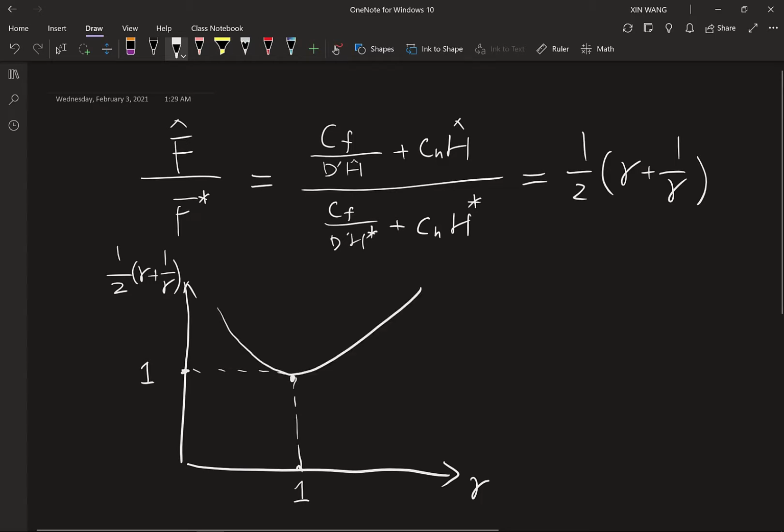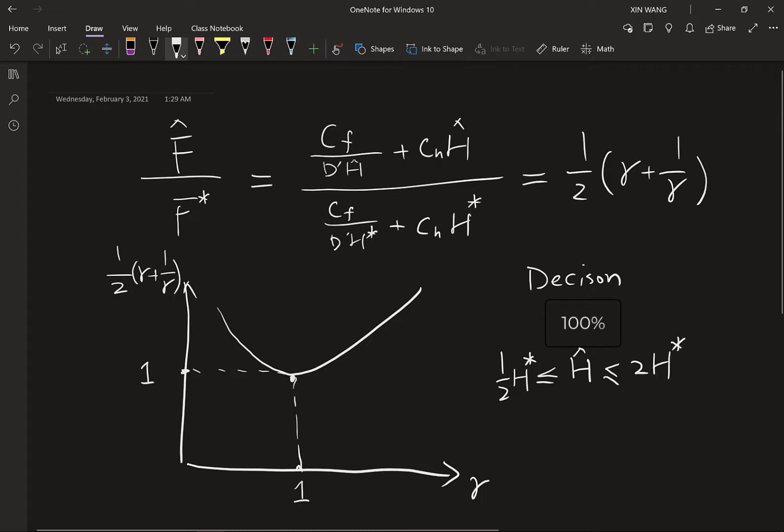Let's see if we have a decision error, meaning our estimated headway is greater than or equal to half of the optimum headway and smaller than or equal to 2 times the optimum headway.